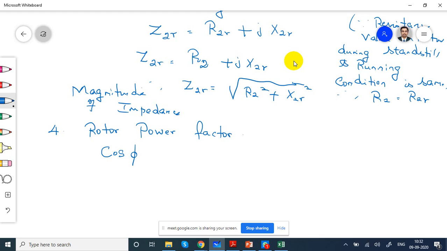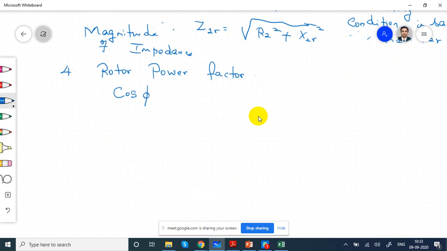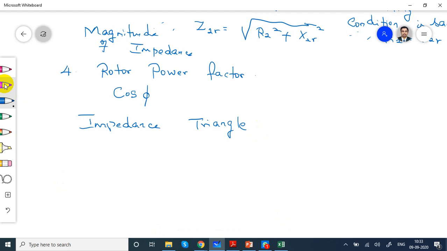Now by using the impedance, resistance and reactance, we are going to calculate the power factor. Before going to the calculation of power factor, we have to draw an impedance triangle. So how to draw the impedance triangle?